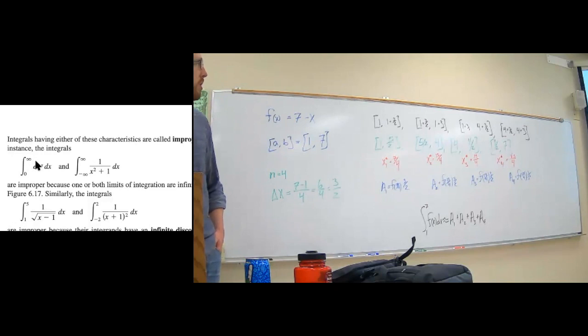Similarly up here, let's set b as our upper bound and apply the limit as b goes to infinity. Here, we're going to have -a to a and set a to infinity with the limit, right?